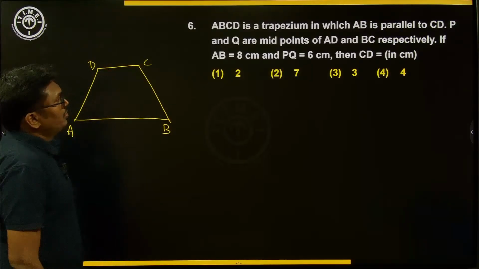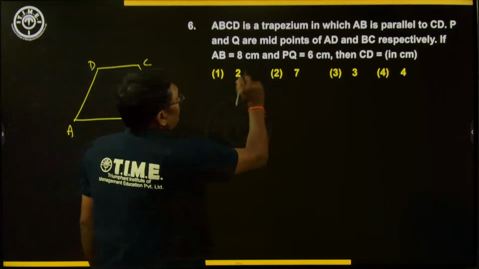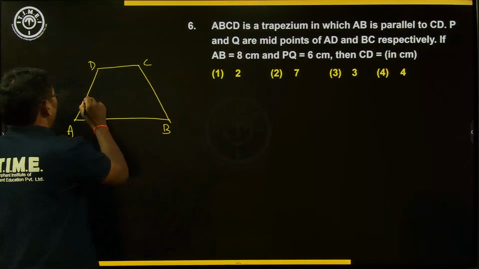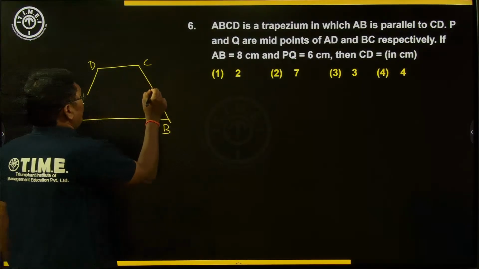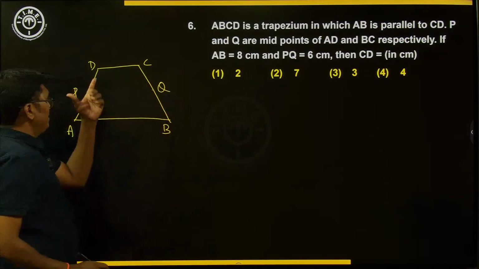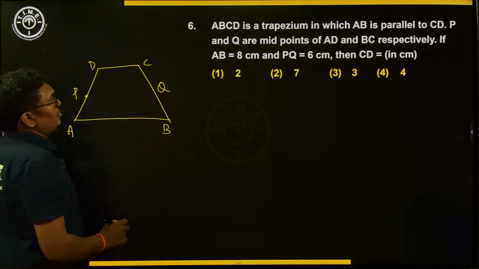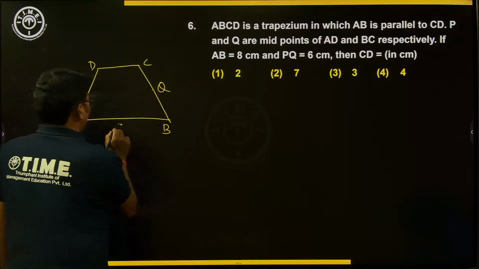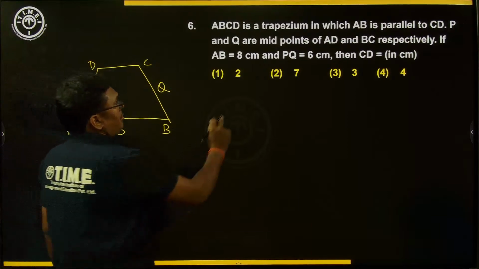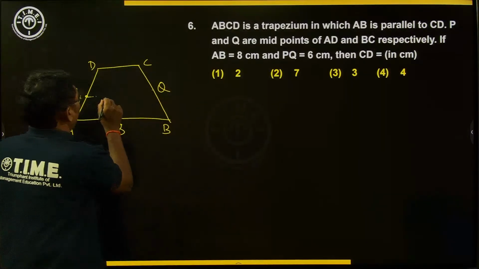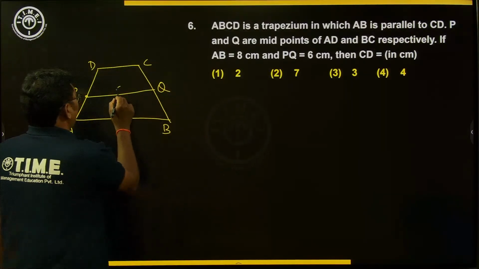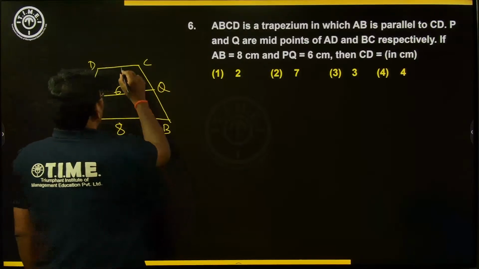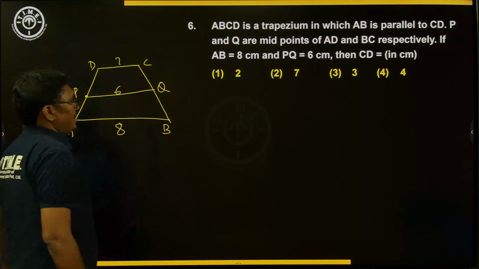Okay, so P and Q are midpoints of AD and BC. So what is given? AB is 8 centimeters, right? PQ is 6. Next you have to find what is CD.